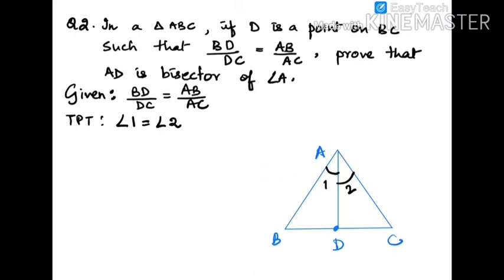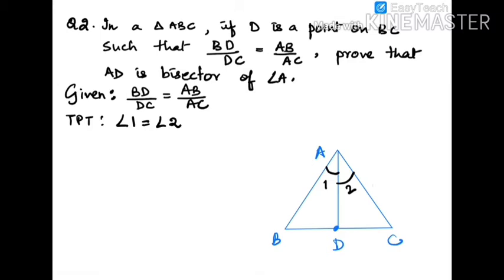However, if we modify the figure by a suitable construction, then we will be able to use basic proportionality theorem. So we have to think of some suitable construction that will modify this figure so that we get a line that cuts two sides of a triangle.